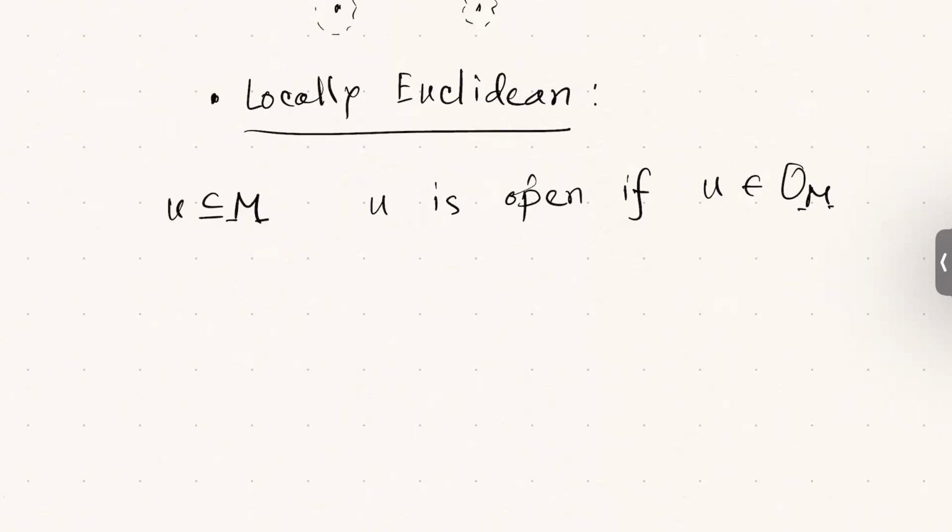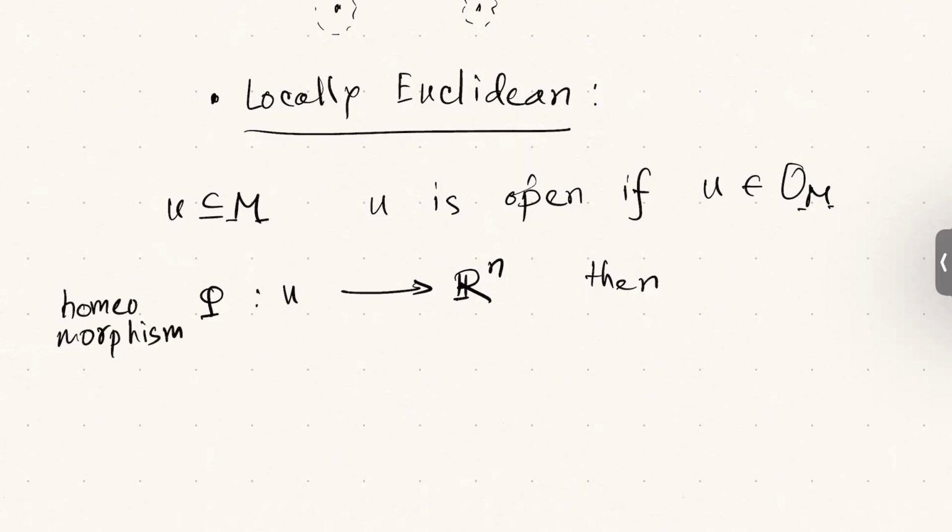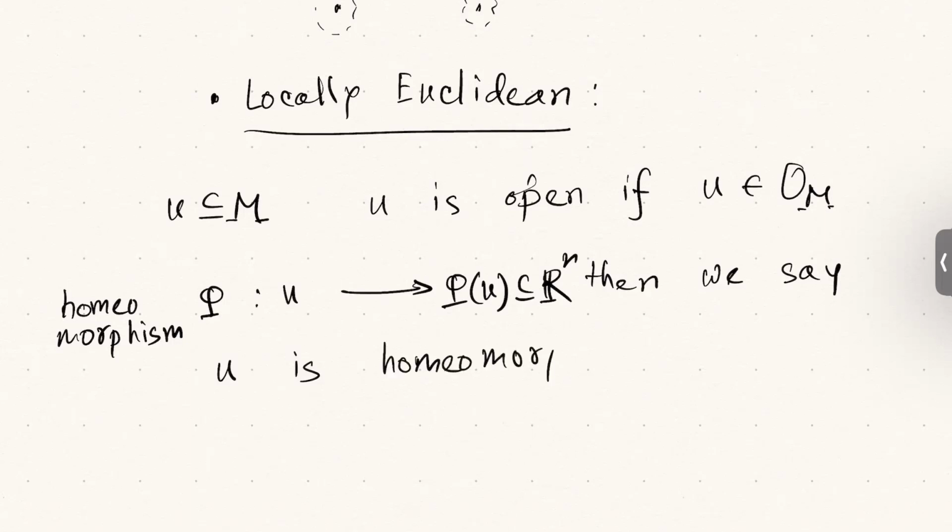If there exists a homeomorphism phi from U to R^n, so that phi of U is a subset of R^n, then we say U is homeomorphic to a subset of R^n.